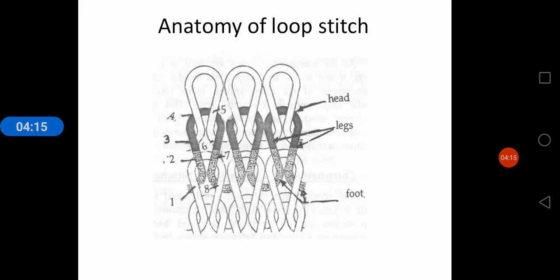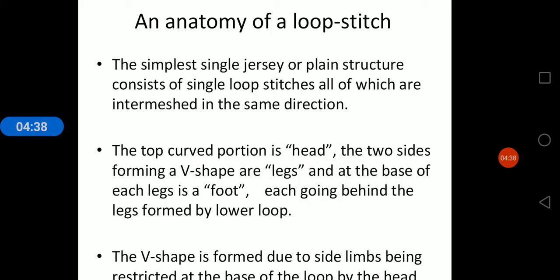And now the anatomy of the loop stitch. Anatomy means the parts of the loop: the top of the loop is called the head, the sides are legs, and the lower part of the legs is called the foot.